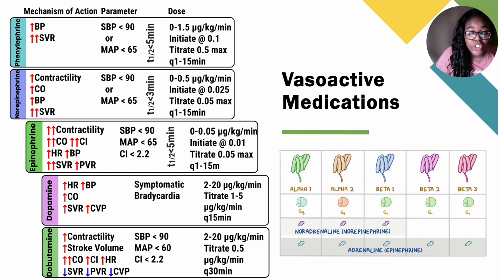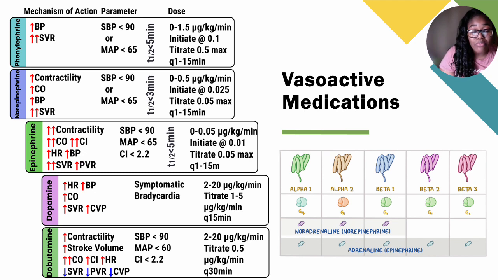We don't ever shut these medications off abruptly because these are titratable. That means we have to do something called weaning. We have to get the body used to not having this drug in it because of what they're doing to the body. These are adrenergics, so they're stimulating heart rate, they're stimulating blood pressure, and things along those lines.